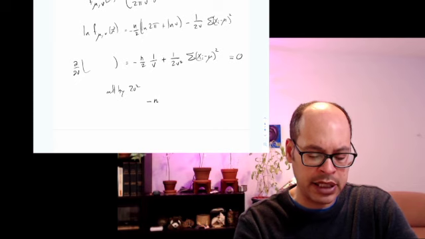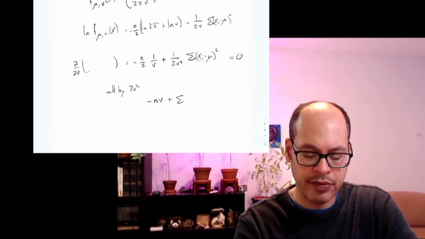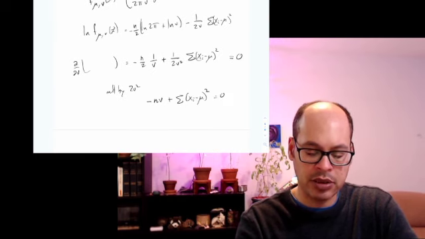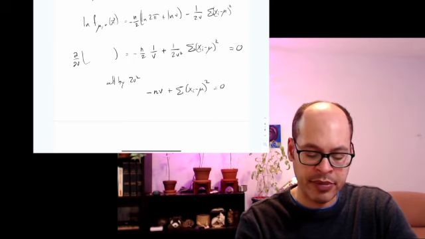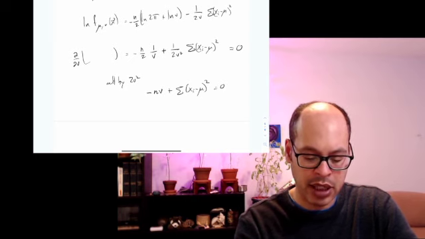I get minus n times v plus the sum of (xi minus mu) squared is equal to 0. And so that means I want to set v equal to the sum of (xi minus mu) squared over n.